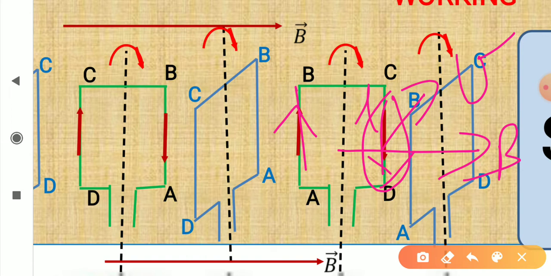Initially it was clockwise, D, C, B, A, and now it is A, B, C, D. So the sense of current has changed.